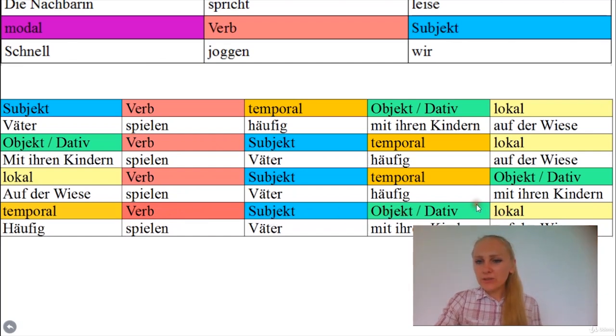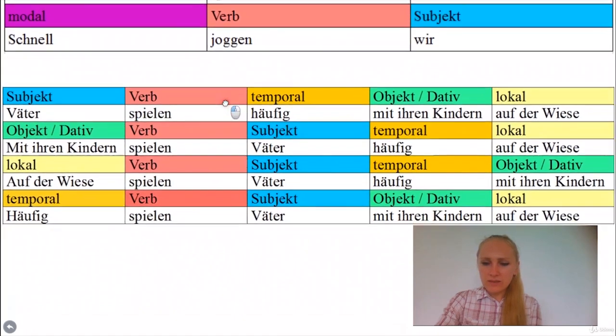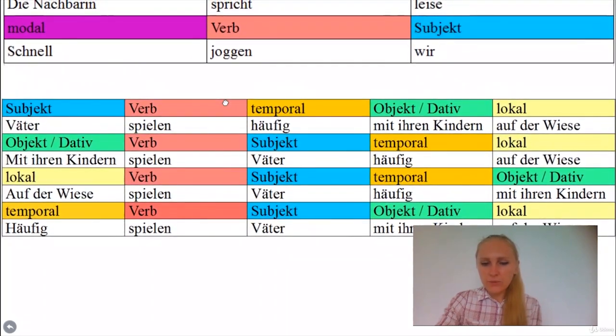Now, as you see, the word order in German is quite flexible, but you can't just mix it all up the way you want to. There are certain rules you have to apply and stick to. So I would advise you, although there are different varieties and it is somewhat flexible, I would always keep the structures in the first example of each chart, because this is the one that we most of the time use in German.